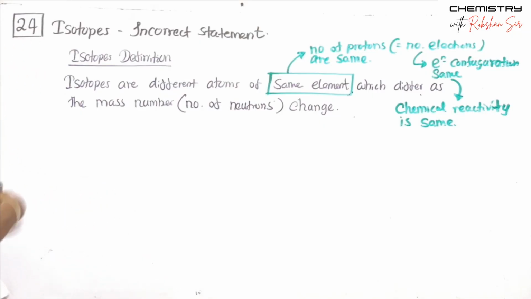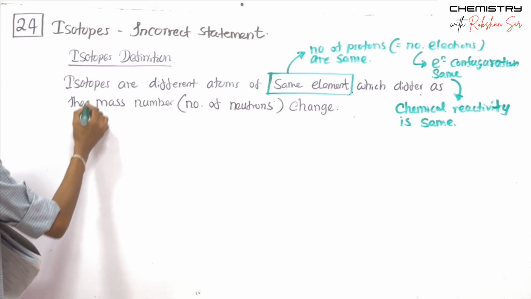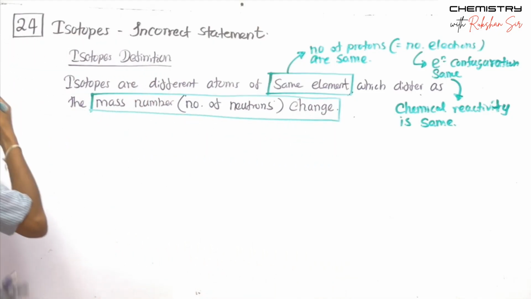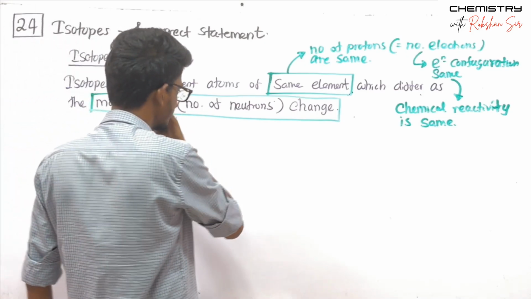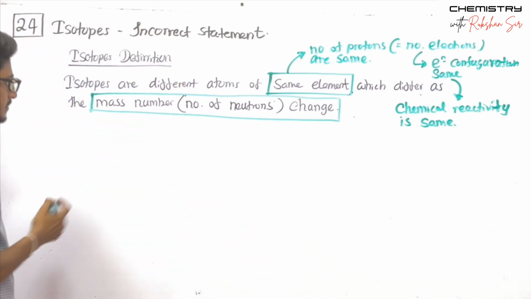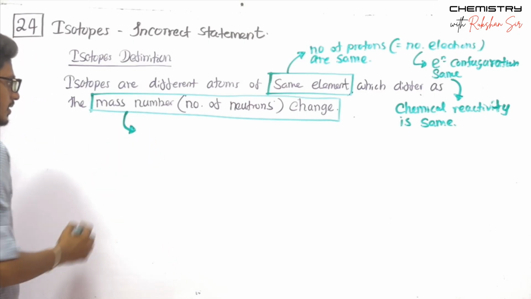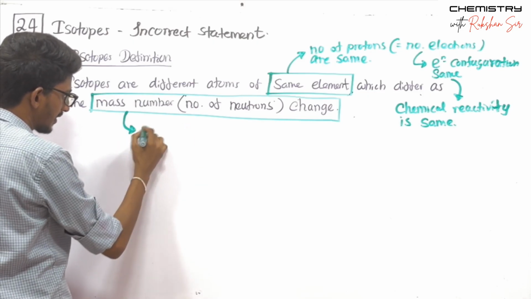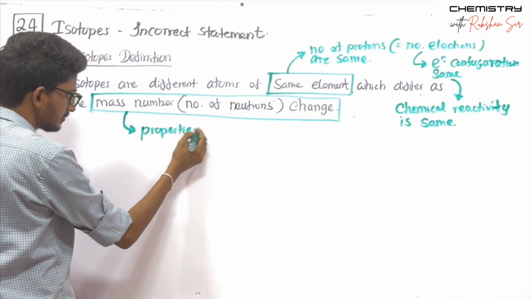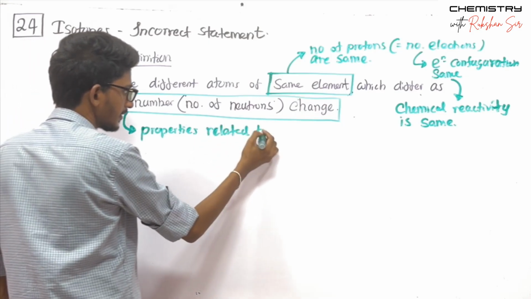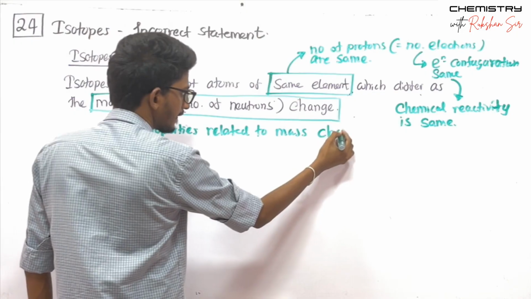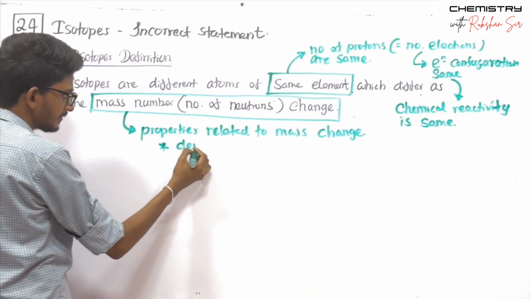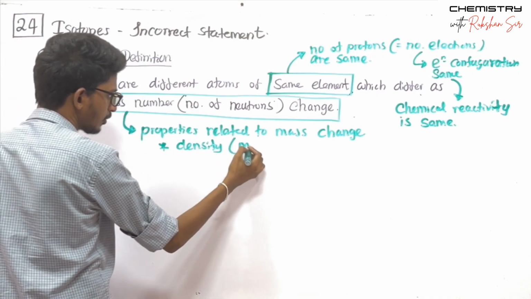So as the mass number changes, the properties related to mass change. What are those properties? Density, which is the mass over volume.